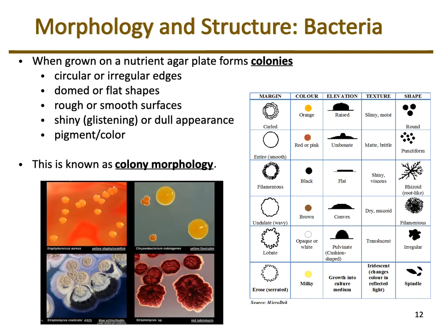You can see in the figure to the left how these different colonies of bacteria have very different appearances. So all those pieces, the margin, the color, the elevation, the texture, the shape of it, again, can allow us to identify what it is. And again, back to that nomenclature, the name sometimes helps us to distinguish what it looks like or what it is.